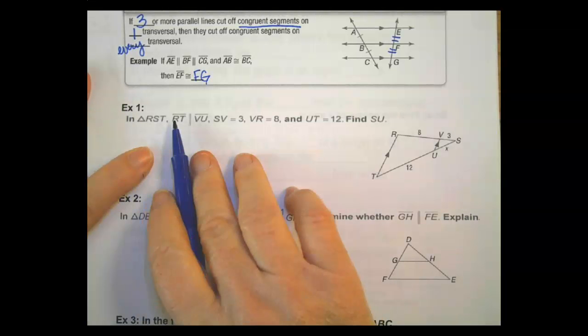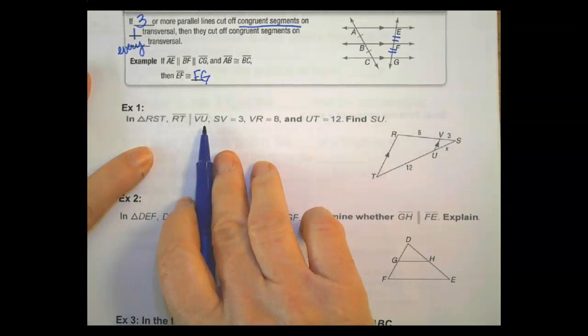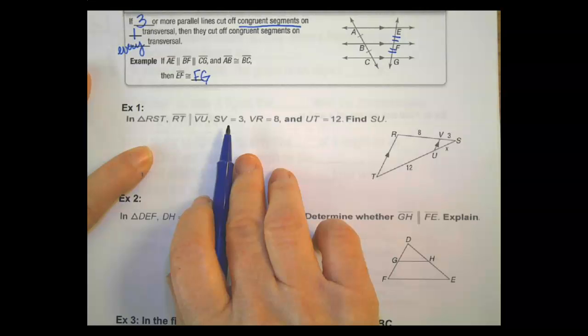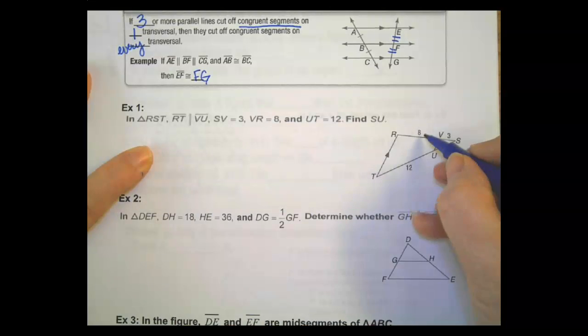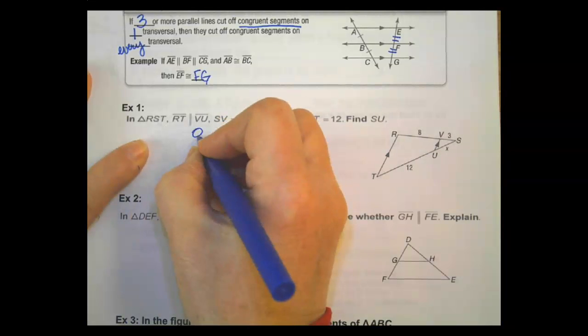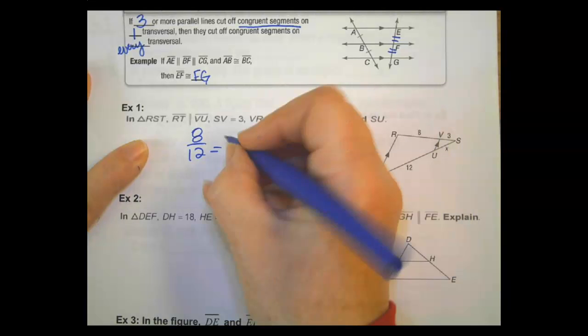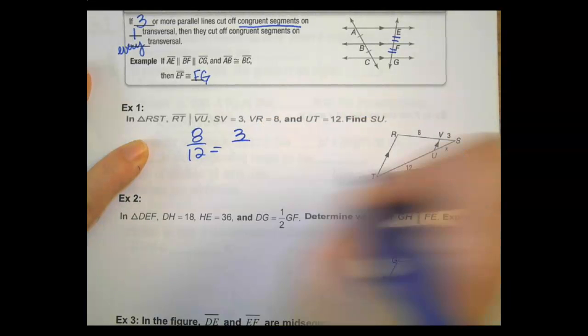It says RT is parallel to VU. SV, they're all labeled. Find SU. Okay, that's easy. So I'm just going to say 8 to 12. Corresponding to 8 was 3. Corresponding to 12 is x.